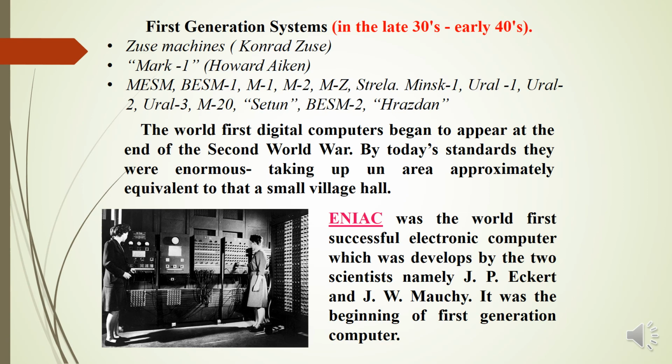ENIAC was the world's first successful electronic computer, which was developed by 2 scientists, namely Eckert and Mauchly. It was the beginning of first generation computers.